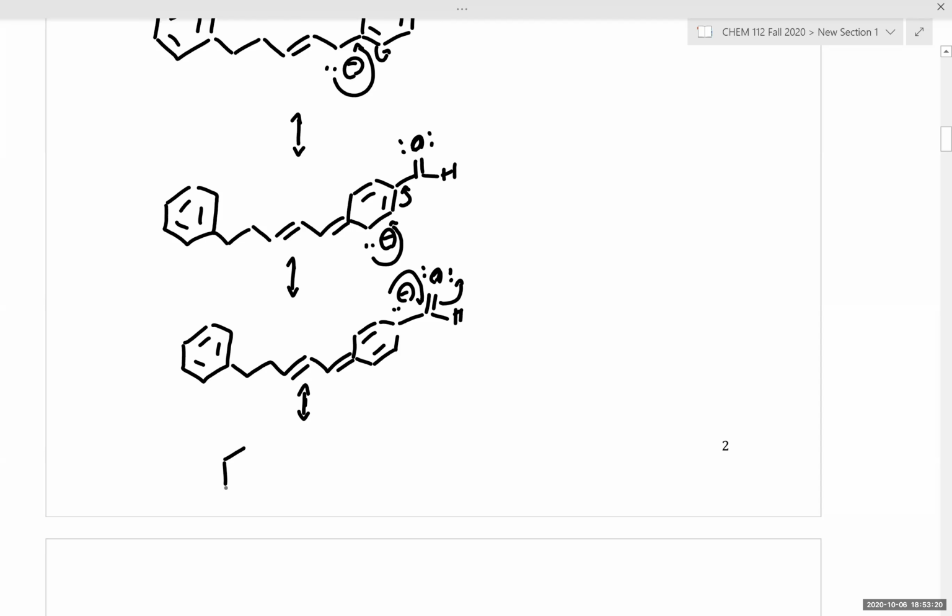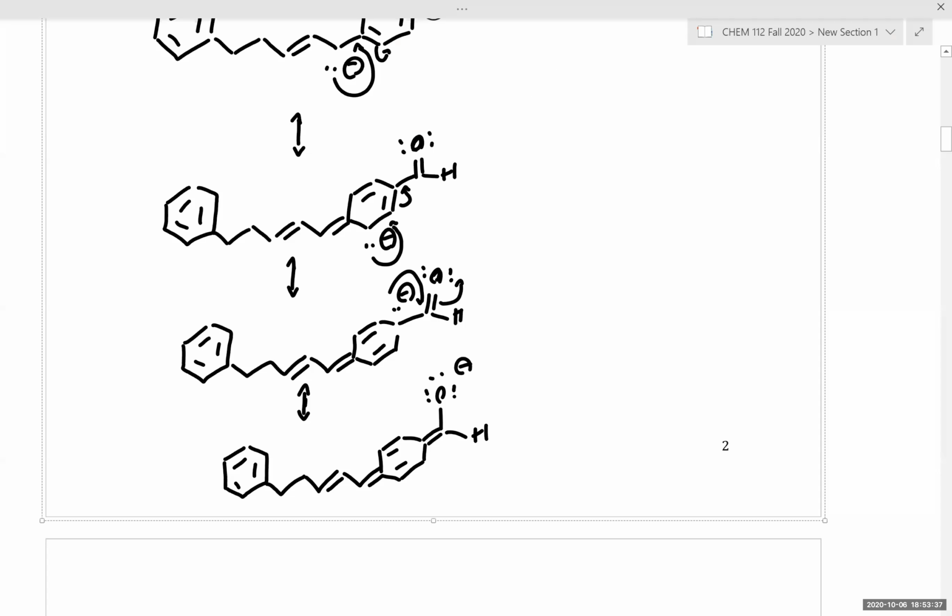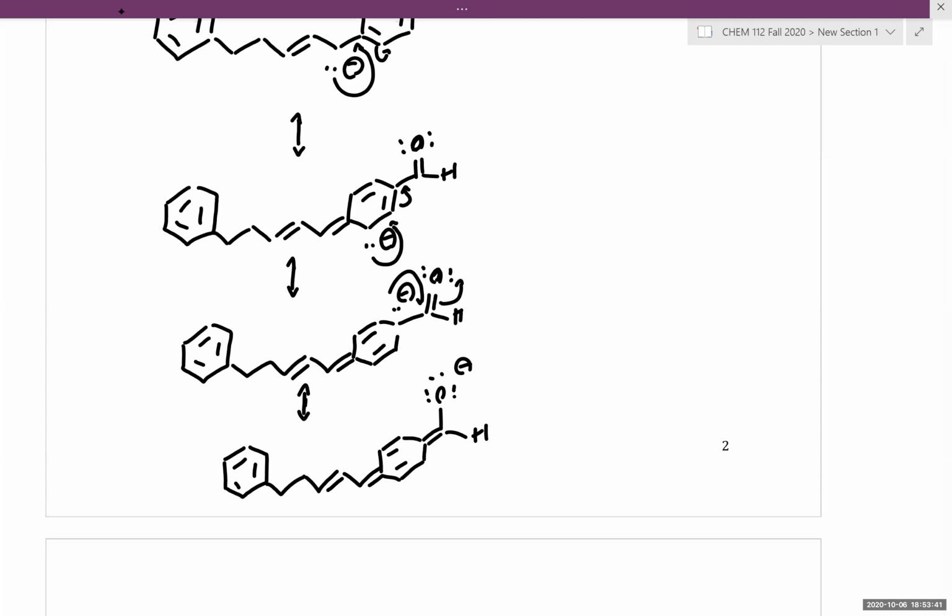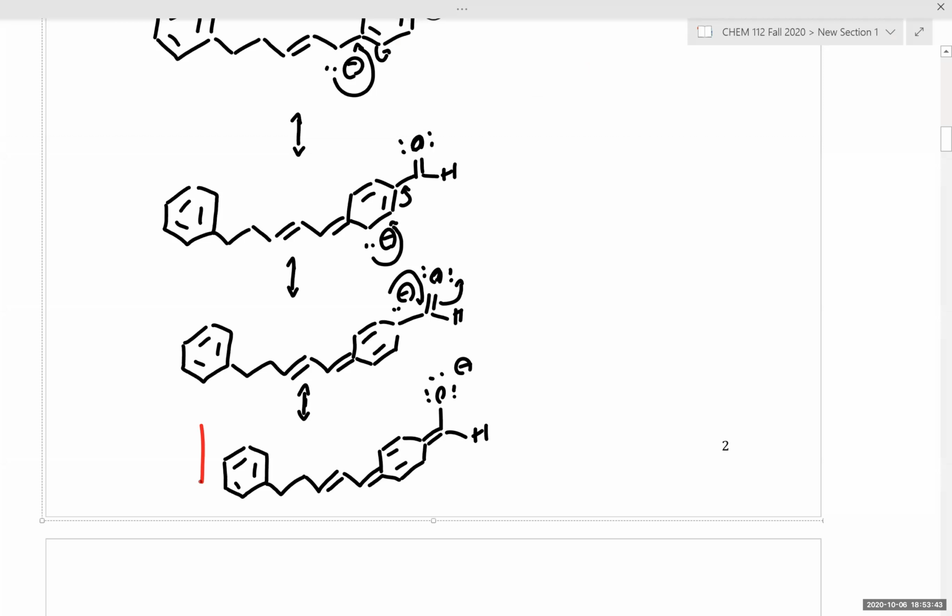So if you had less than 5 structures, points were deducted. So this last structure at the bottom was considered the major structure, as it places its negative formal charges on the most electronegative atoms.